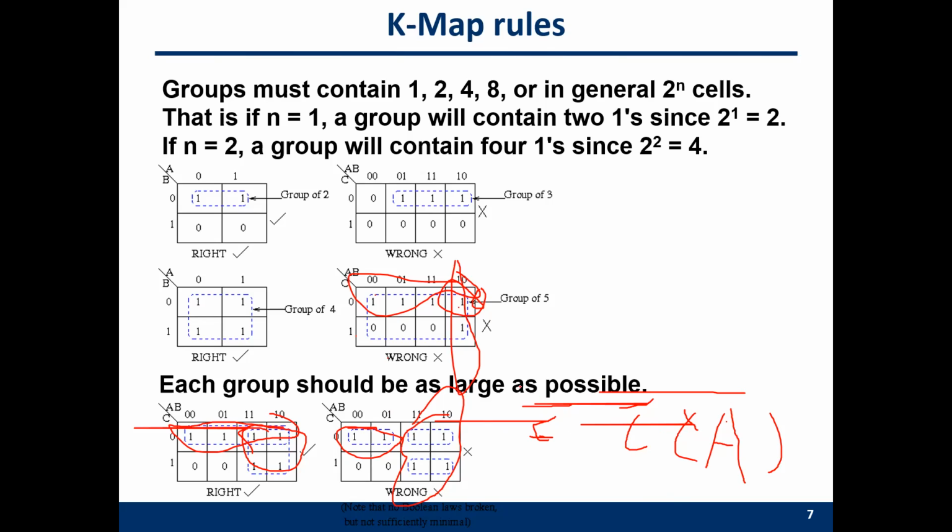Although in these 2 cases both cases have only 2 groups, even the two-group cases are different. You need to draw each group as large as possible. Why? Because for a large group, you have more simplified terms.